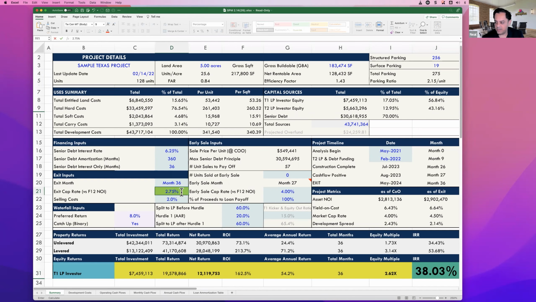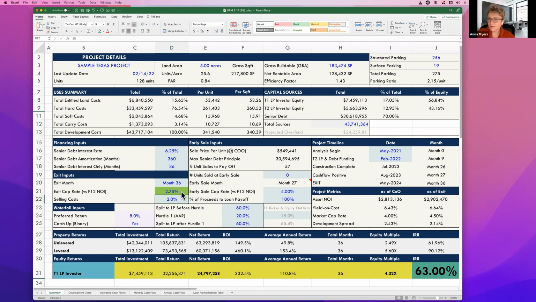And before I hit enter, I want you to take one final look at the IRR on the right and see what happens. From 38 to 63. Nothing else changed in this property, but simply because the cap rate switched, we went from a 38% IRR return to investors to a 63% return.